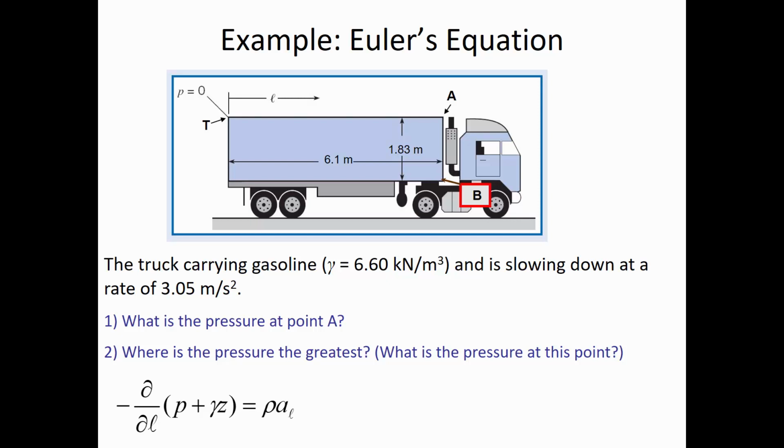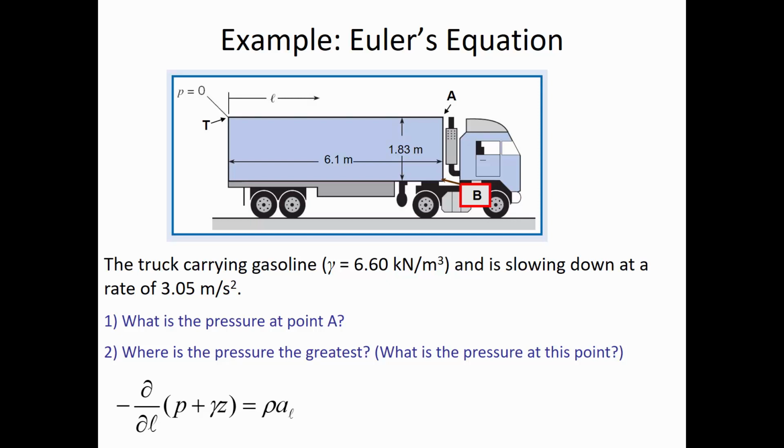All right. So what I'm going to do is set up Euler's equation on the board, and we'll talk about which is location 1 and which is location 2, and then I'll ask you to go through and substitute it in to find the pressure at point A. Is the density 0 or? The density of the gasoline?